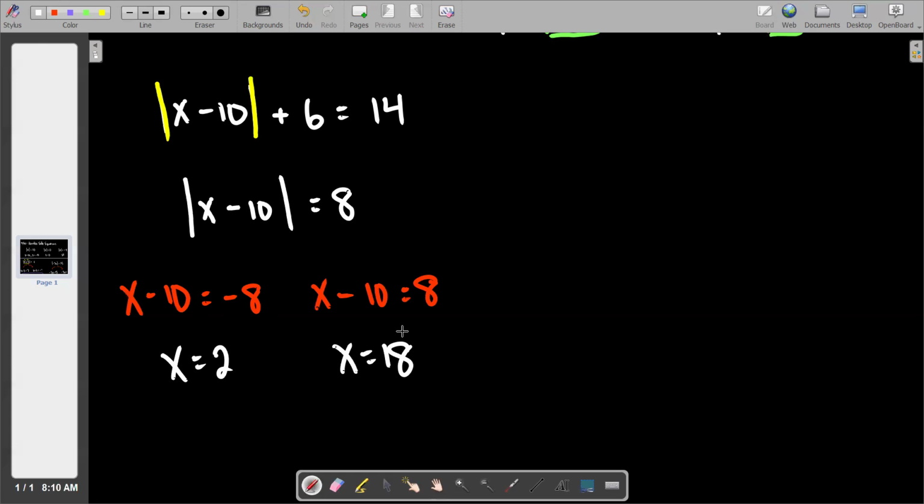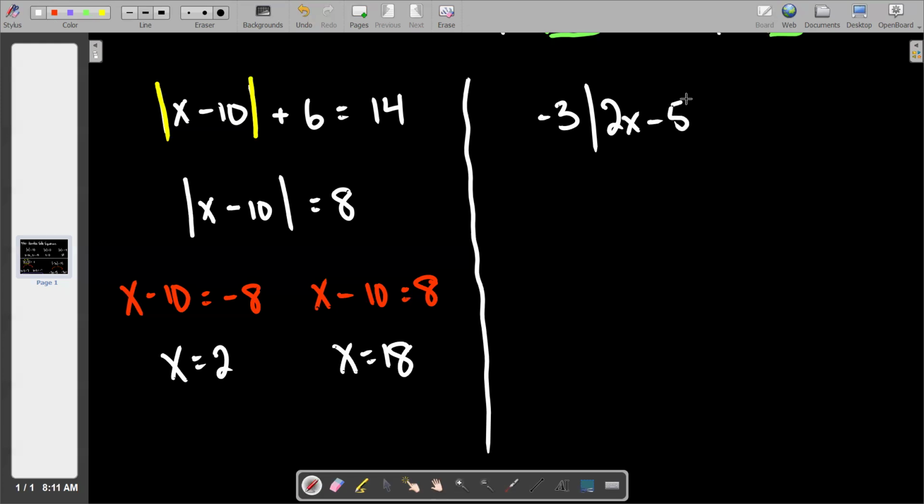Legit. Neat. Okay. To get the absolute value by itself, sometimes you have to do other things than just adding or subtracting. For example, this. Any thoughts on this problem, like initially when you first see it? I'm thinking about 3. Right.